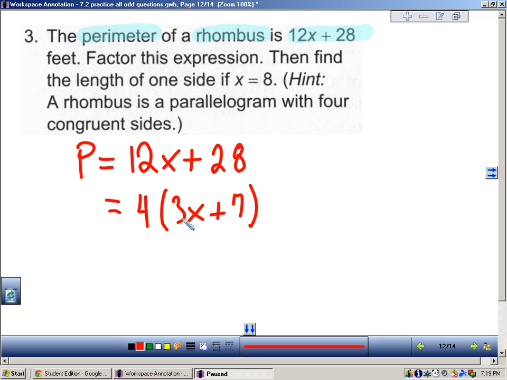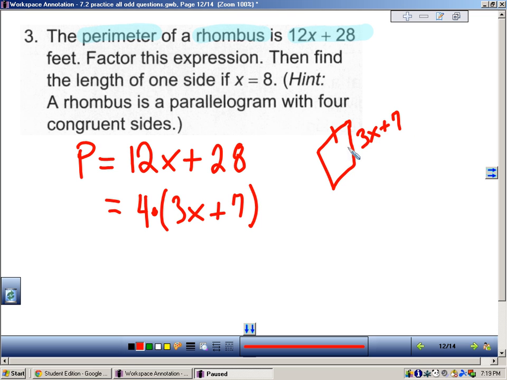Well, here's the interesting part about this: it looks like it falls right into this expression. See this 4 times 3x plus 7? If you have 4 sides, and I'm going to sketch this best I can, trying to make a rhombus, 4 times 3x plus 7, that's similar to saying that if this side was 3x plus 7, then all of them are 3x plus 7.